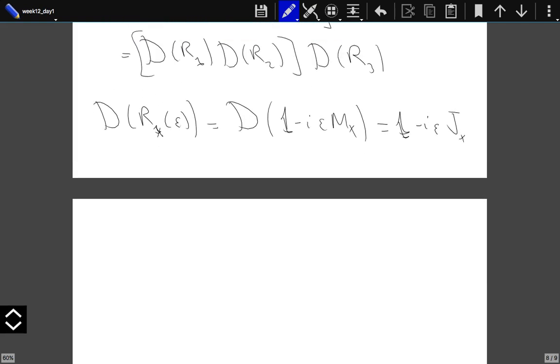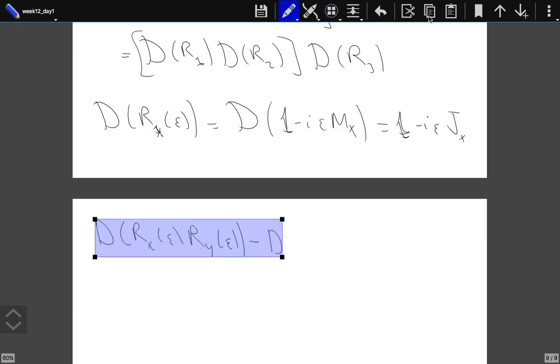This is equal to h bar squared over 2 plus h bar squared over 4 Sx. No, sorry, I think I made a mistake here somewhere.